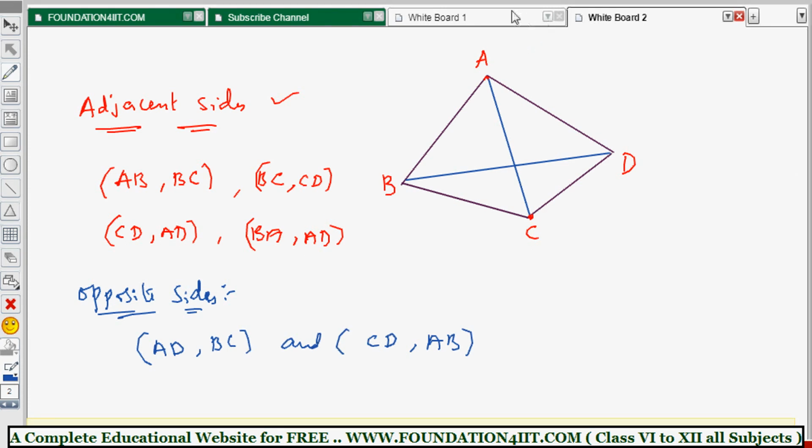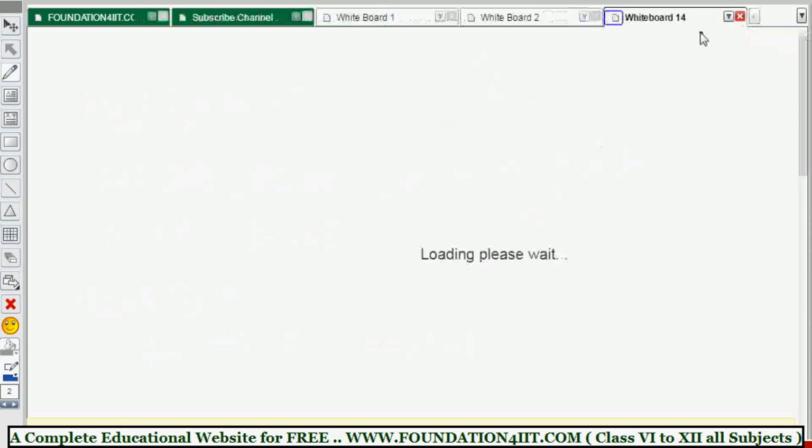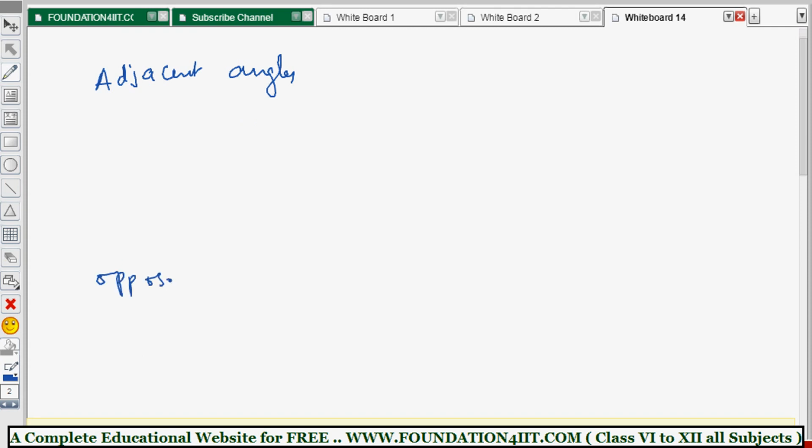Now adjacent angles, and similarly opposite angles. So what is an adjacent angle and what is an opposite angle in a quadrilateral? Two angles of a quadrilateral having a common arm.